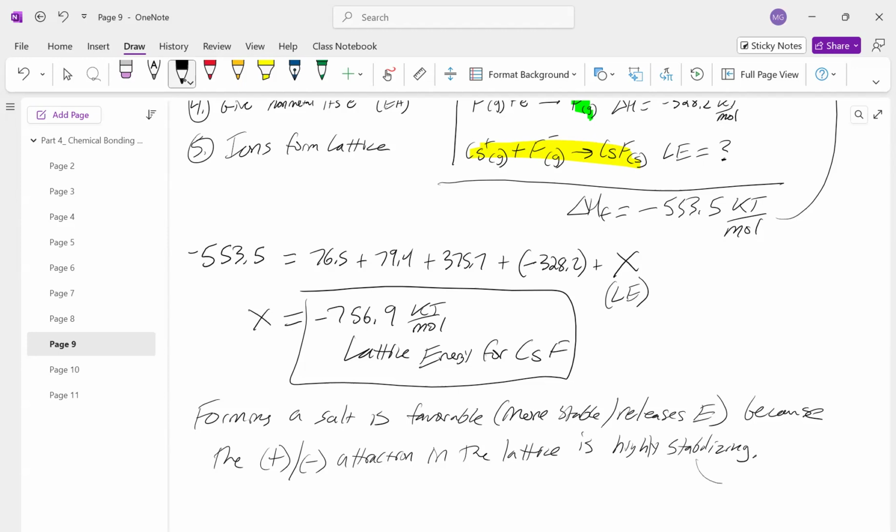This value right here is a very large negative number. Again, negative's not bad. Negative means it released energy, and the end result was a lot more stable than what we started with.